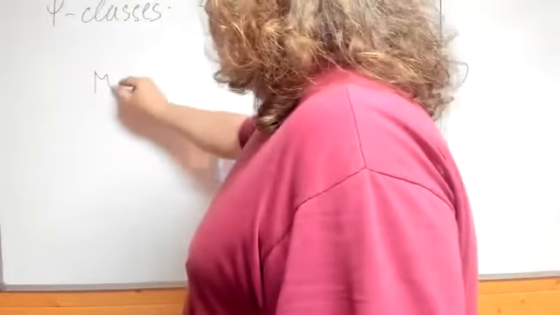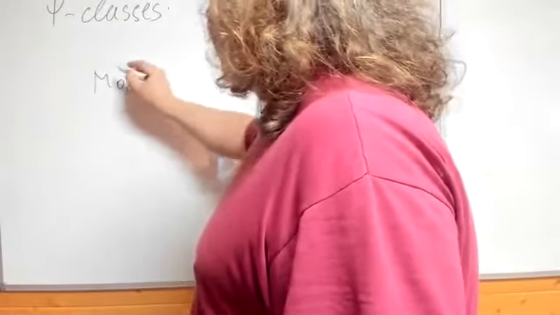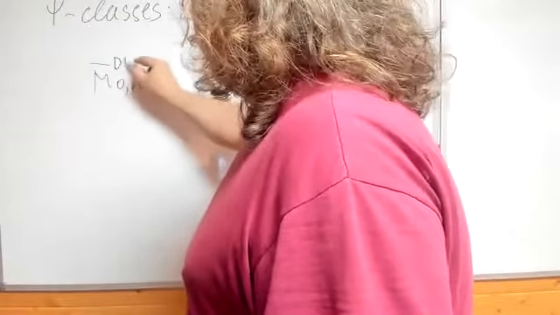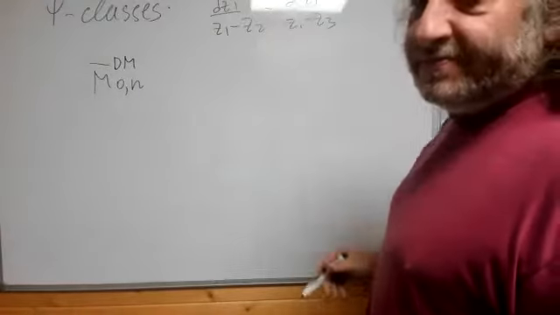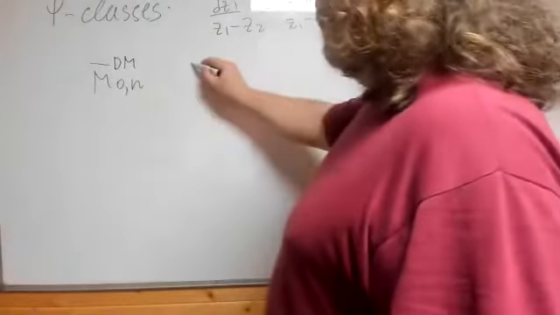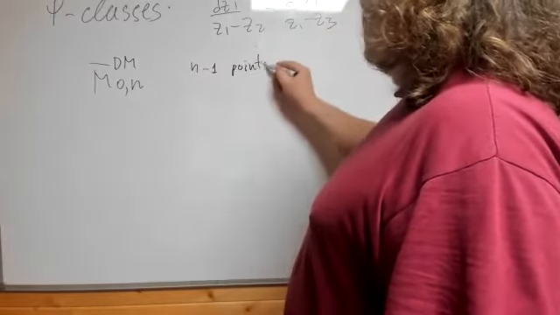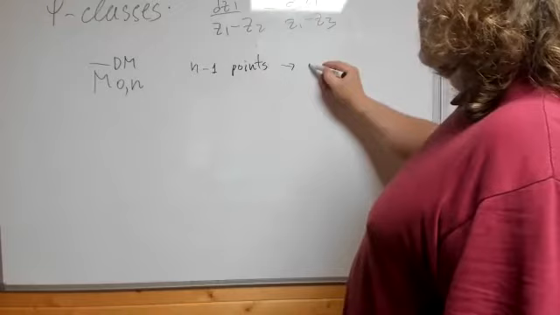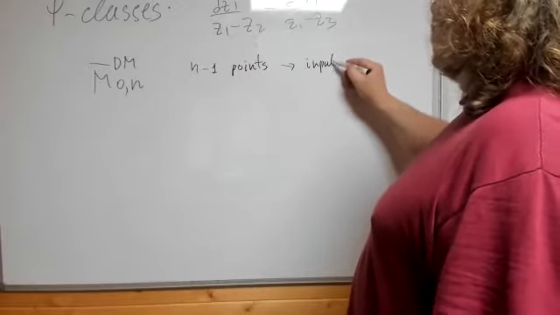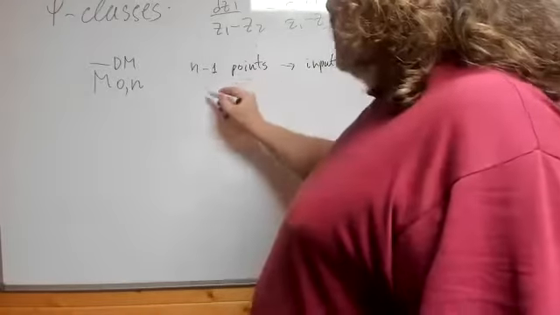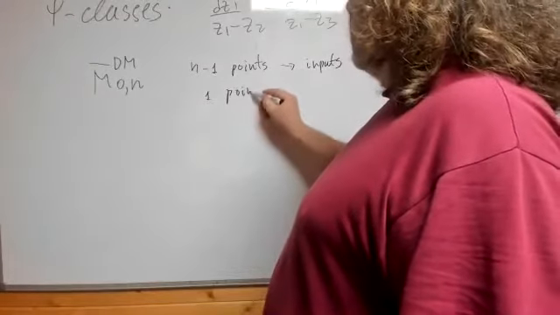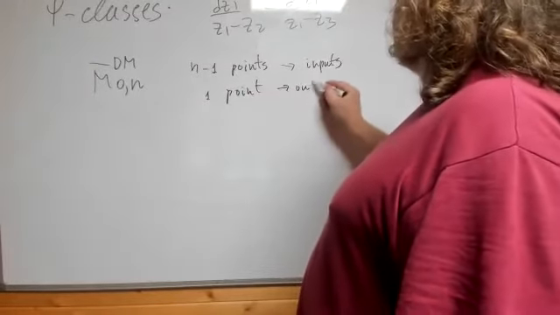Namely, we consider M0n with Deligne-Mumford compactification. However, n minus 1 points were considered as inputs and 1 point considered as output.